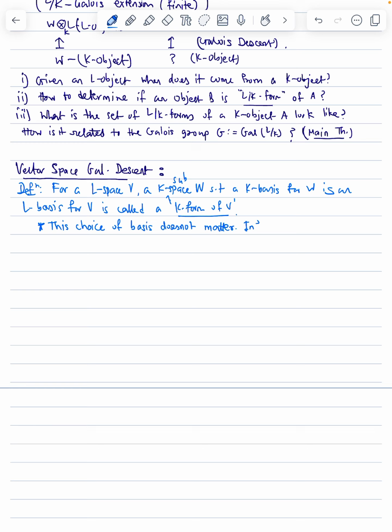In fact, the following are equivalent. This is really easy to prove.